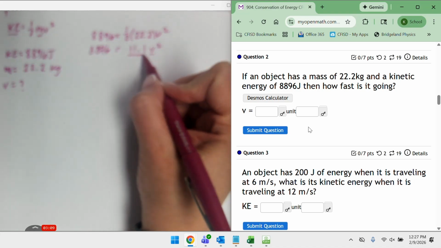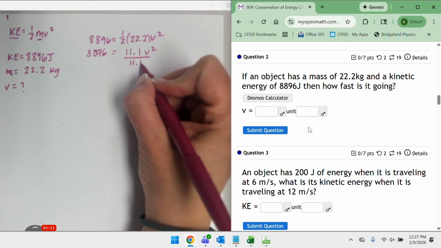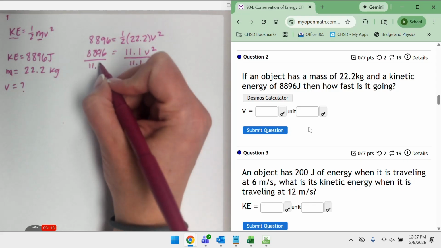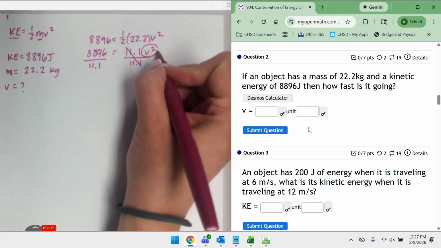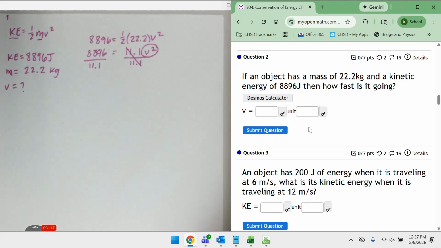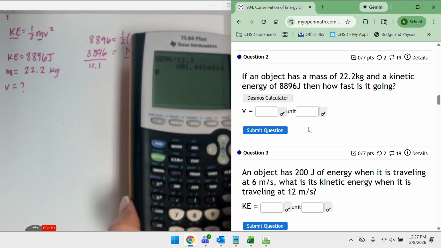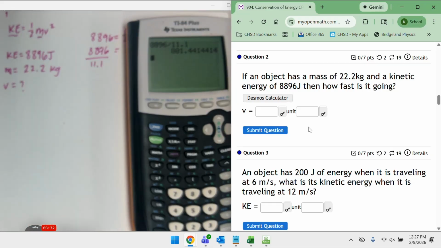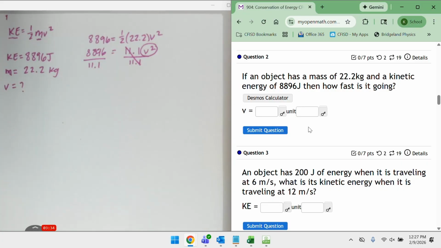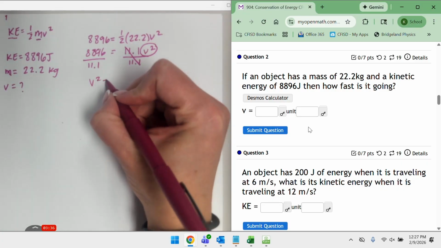These are being multiplied, so our next step is to divide both sides by 11.1, leaving us with v squared on the right hand side. And on the left, let's go ahead and put this in the calculator. 8896 divided by 11.1 is equal to that 801.44. It keeps going, but that is v squared.